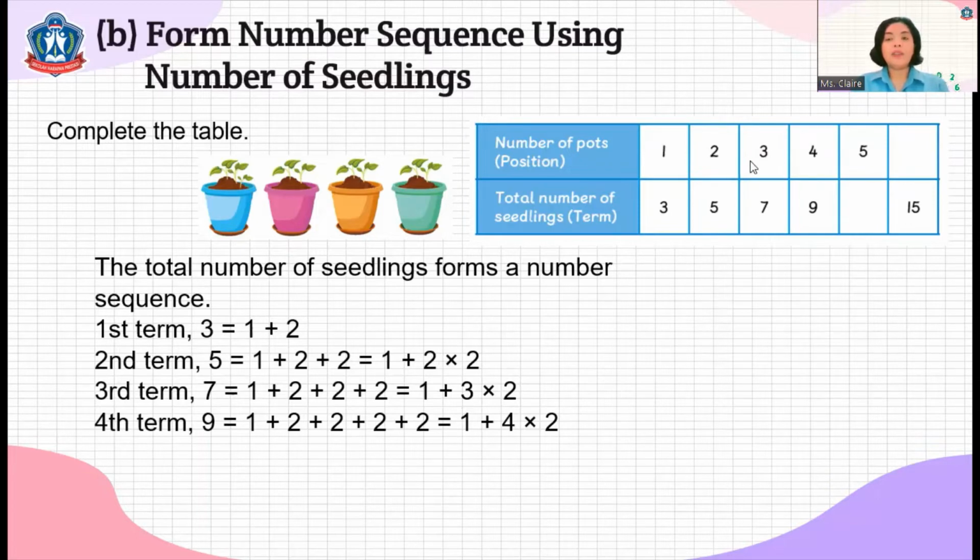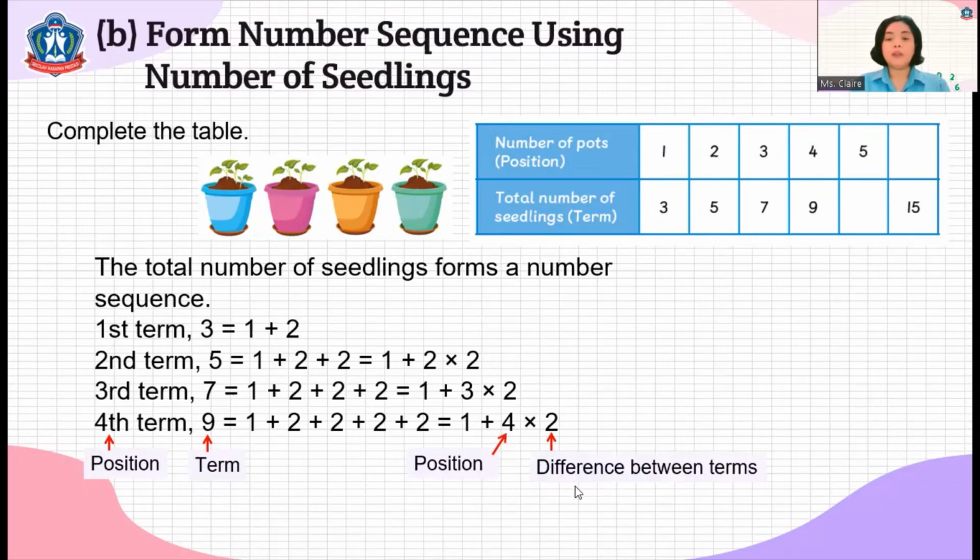To get the third term, we multiply 2 times 3 plus 1, we get 7. To get the fourth term, we also have 1 plus, and we multiply the 2 by 4 because we are looking for the fourth position, and that is 9. So the 4 here is our position, the 9 here is our term, okay? So 4, our position, times 2.